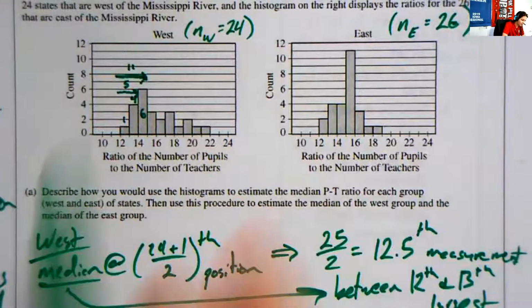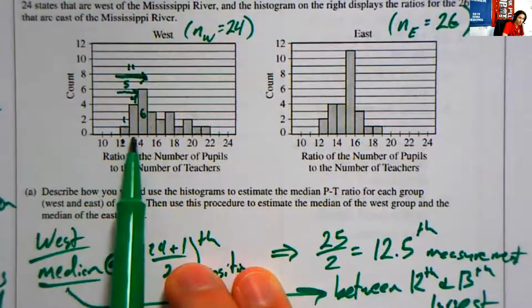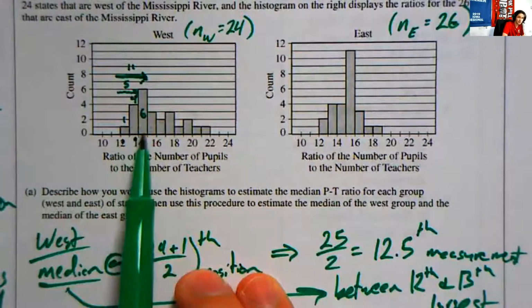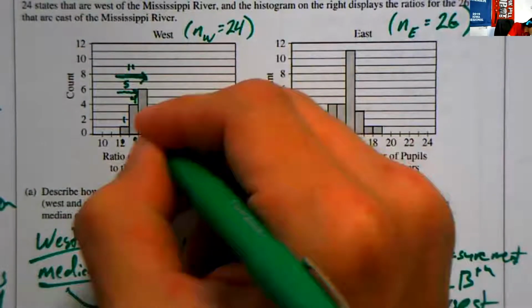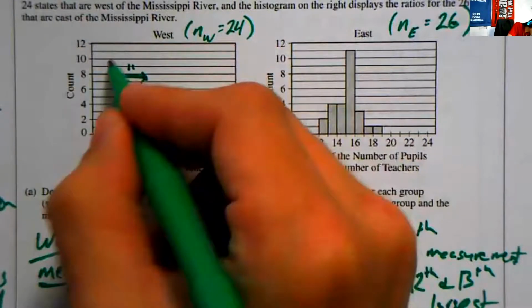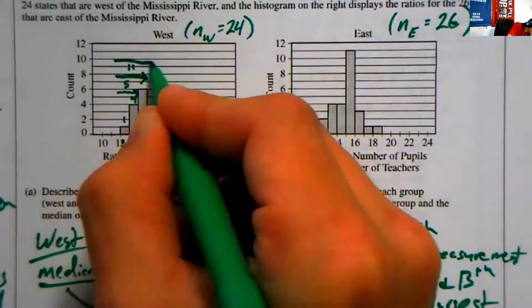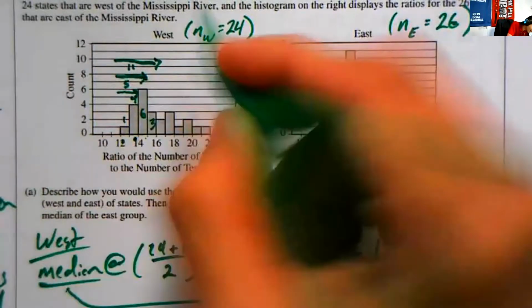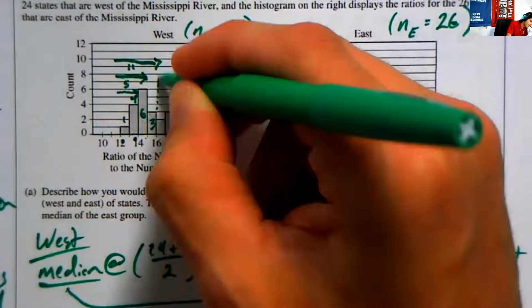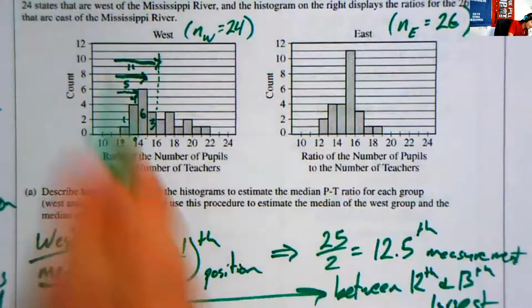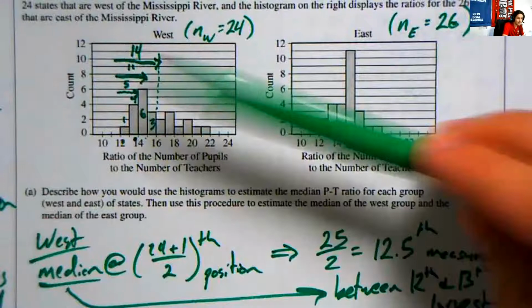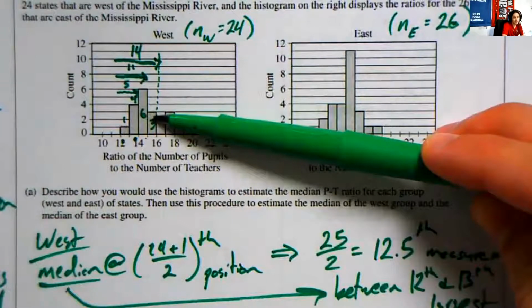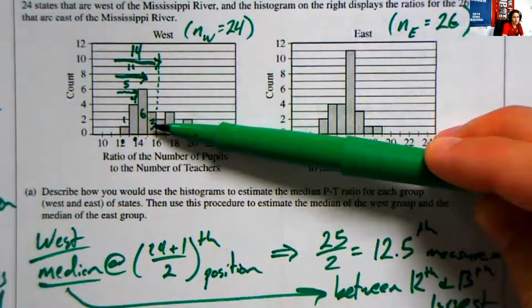1 is accounted for through here. 4 more makes a total of 5. 6 more makes a total of 11. Here we have 3 more. That means the cumulative total, if we added up how many measurements are accounted for up to here, we've got 11 plus 3, we've accounted for 14. So what does that mean? That means in here, between 15 and 16, that's where the 12.5th measurement is.